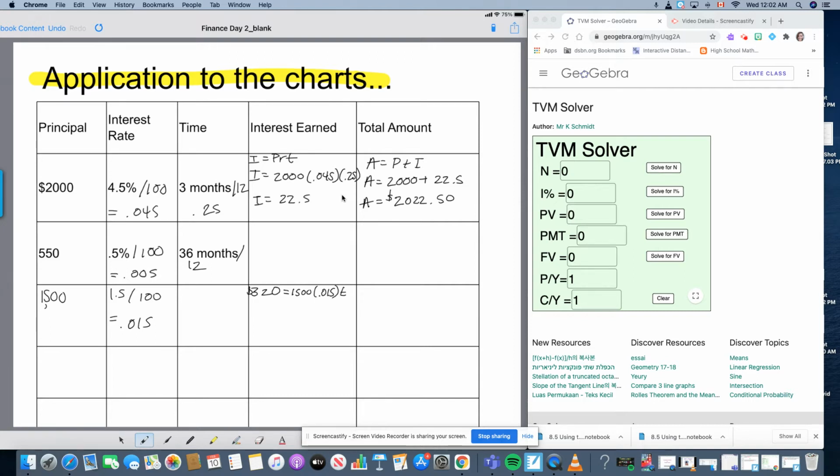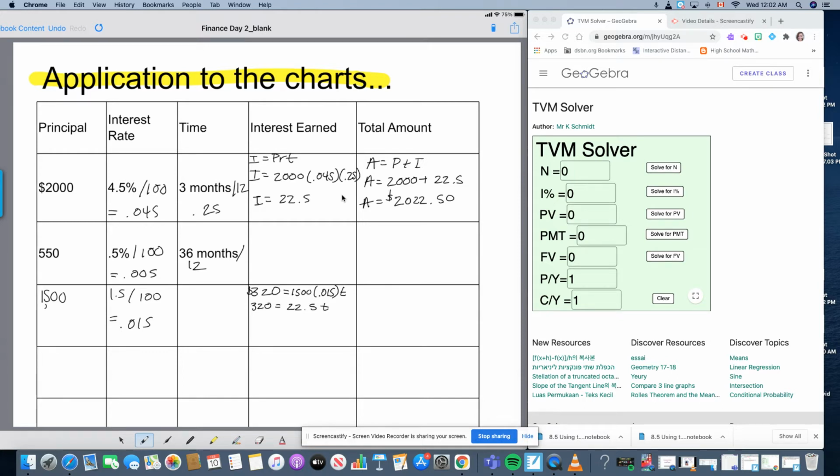We do not know our time. Okay, so we're going to put that little t there, and then we're going to just work on solving this equation. And then that 1,500 times that 0.015 is going to get you 22.5 t.